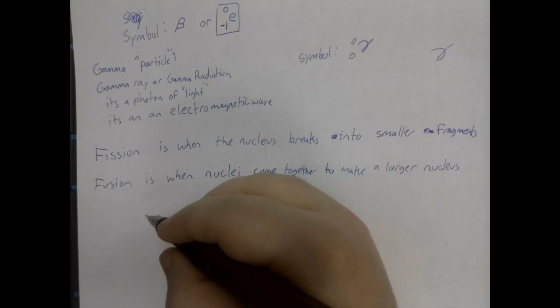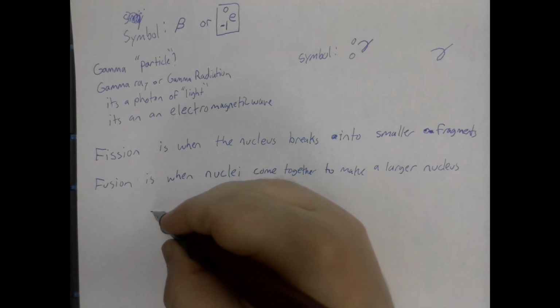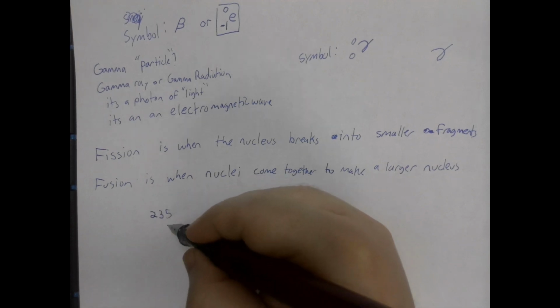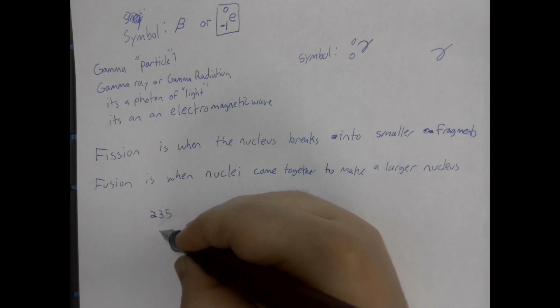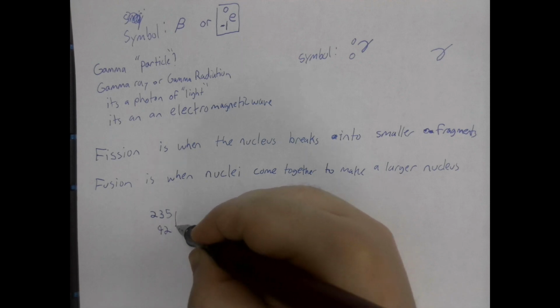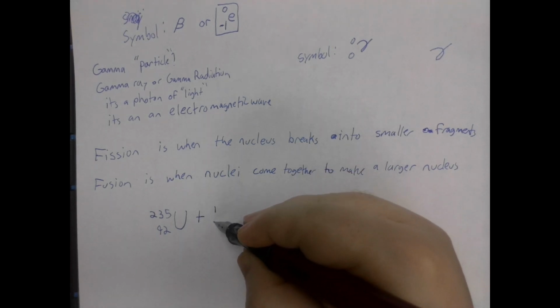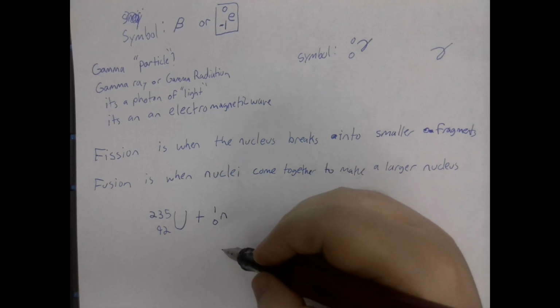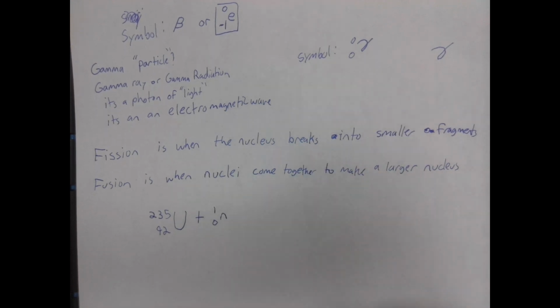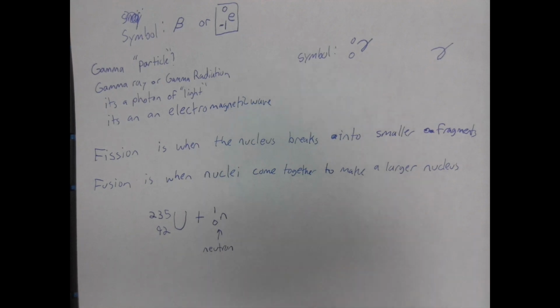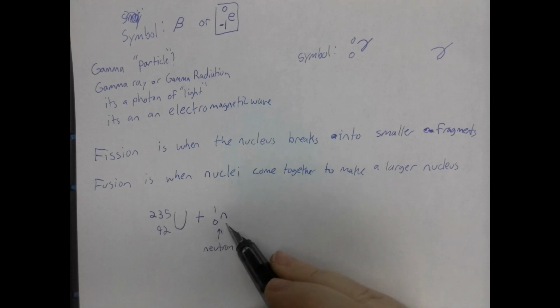Here's a common reaction, how nuclear power plants work. We start with uranium-235, and we bombard it with a neutron. A neutron has a symbol of lowercase n. Its atomic number is 0 because it's not a proton, and it has a mass of 1.